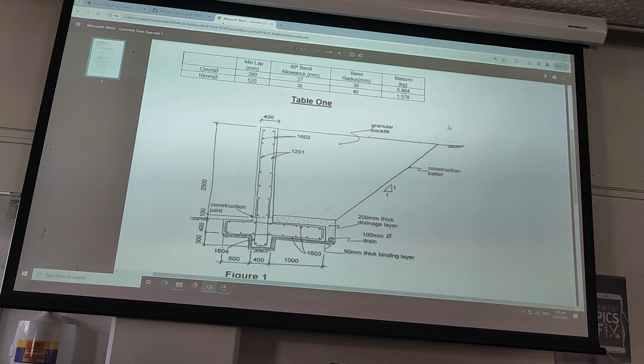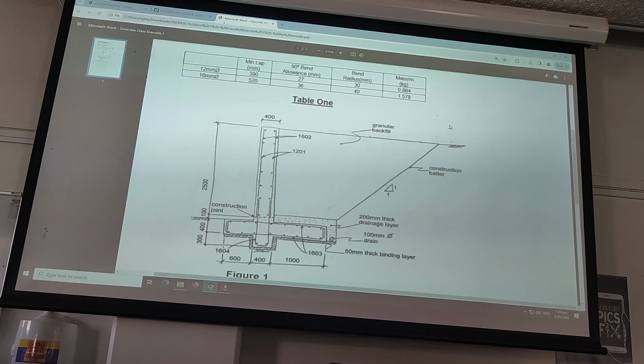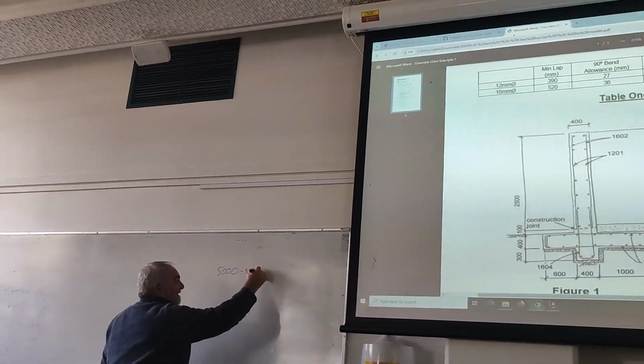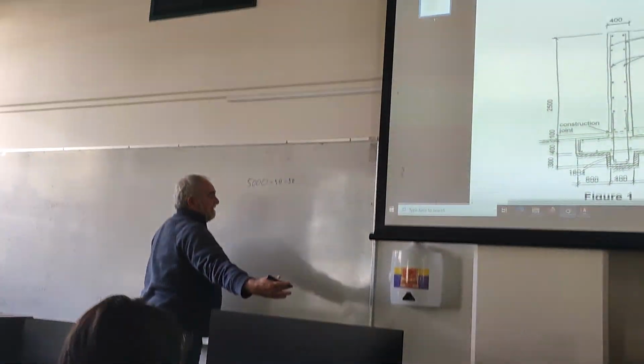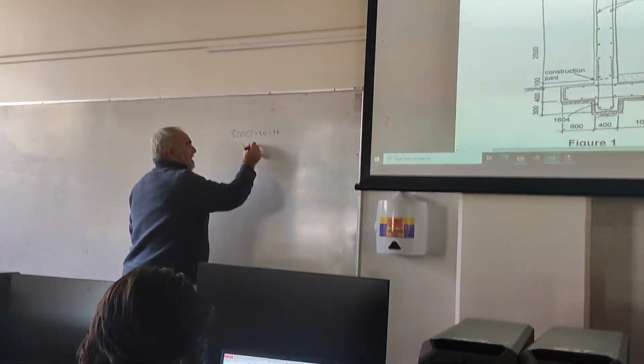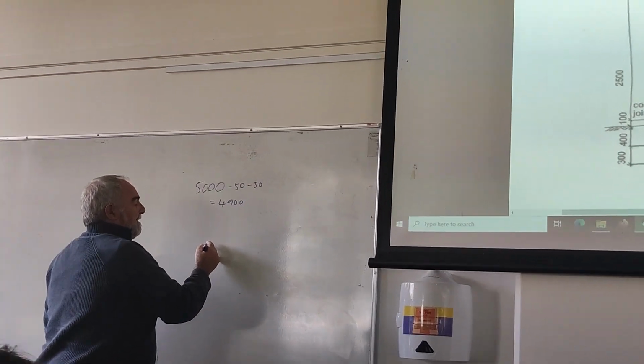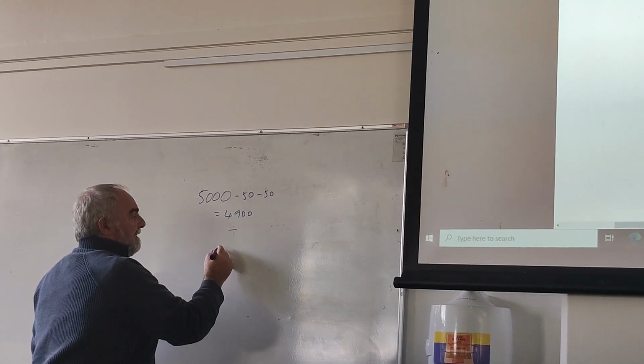Okay, so let's do the calculation for it. 5 metres minus cover at one end. So you've forgot about that already. Minus cover at the other end equals 4,900, divided by 300.